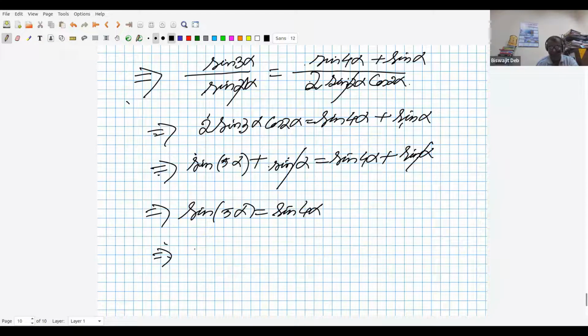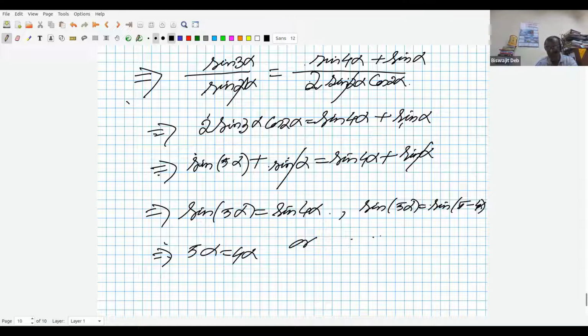From here, what can I write? 5 alpha equal to 4 alpha, or I can write one more thing, because I know that sine 5 alpha is equal to sine of pi minus 4 alpha.